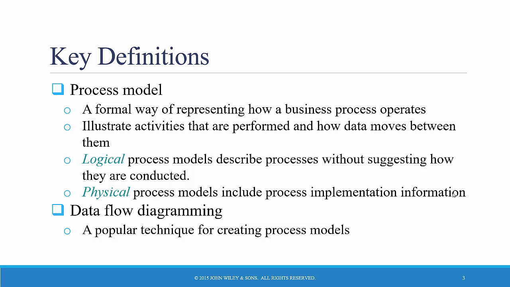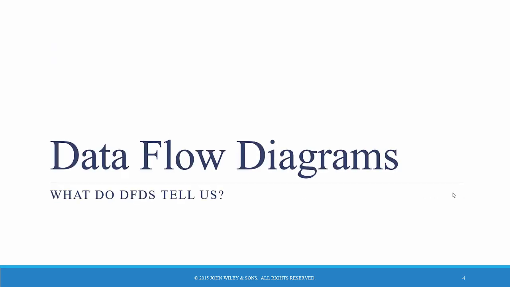In virtually all of this course, we are mostly concerned with conceptual or logical requirements. With process modeling, the logical process models describe processes without regard for how they are implemented. Specifically, we're going to be looking at conceptual or logical data flow diagrams.